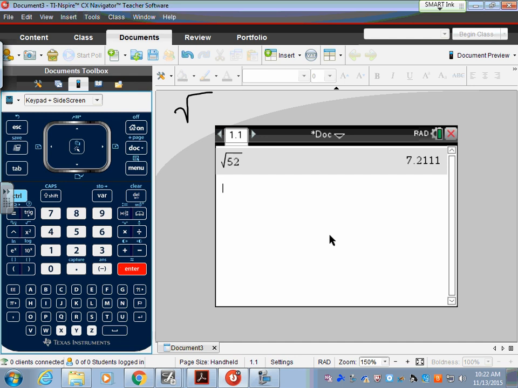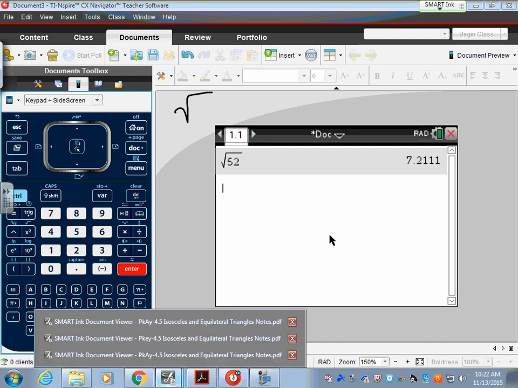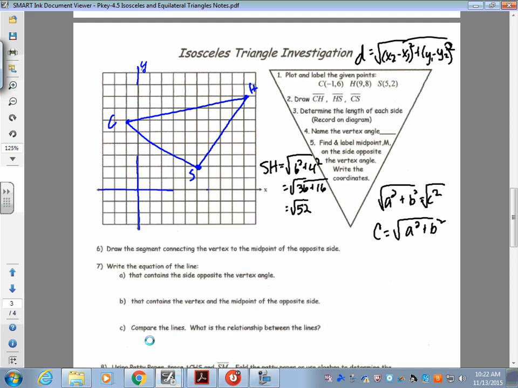I know you're familiar with that. So we could round to the nearest tenth. So this was approximately 7.2. So I'm going to put 7.2 next to the side.